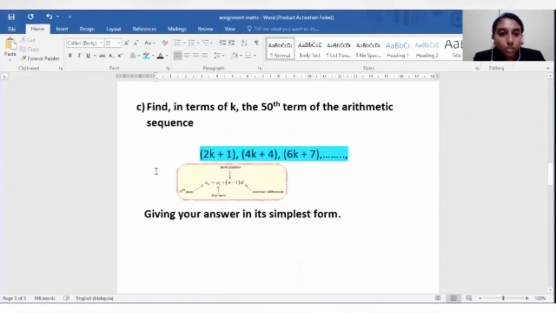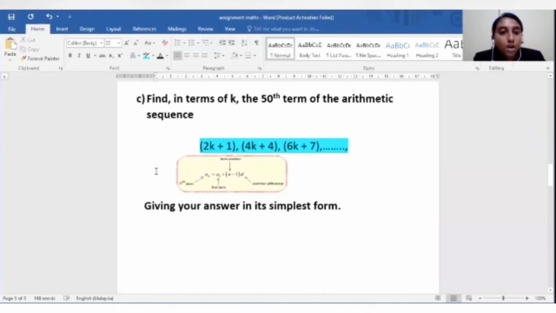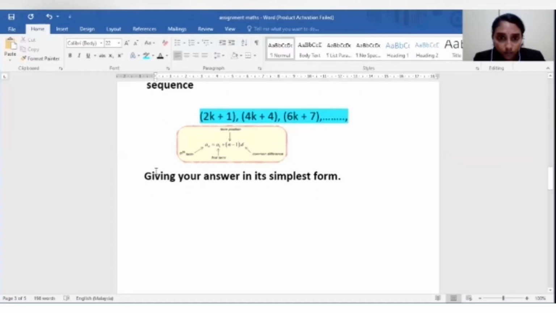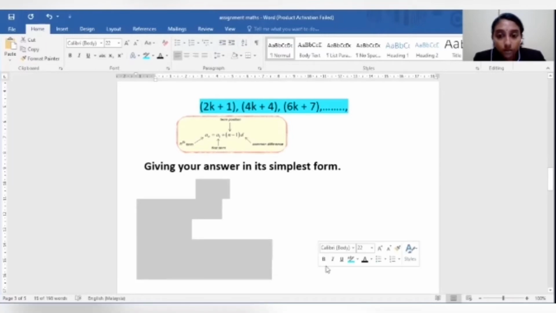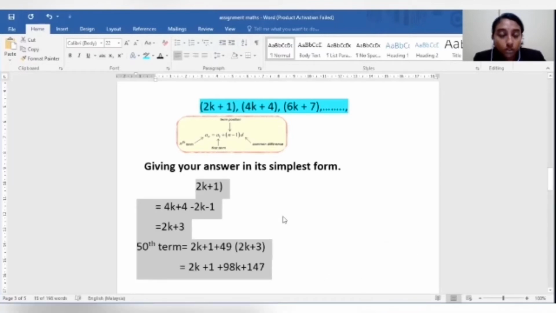So let's move on to the next question: find in terms of k the fifth term of an arithmetic sequence. As we can see here, this is the first term, second term, and third term. So what we have to do is follow the formula.